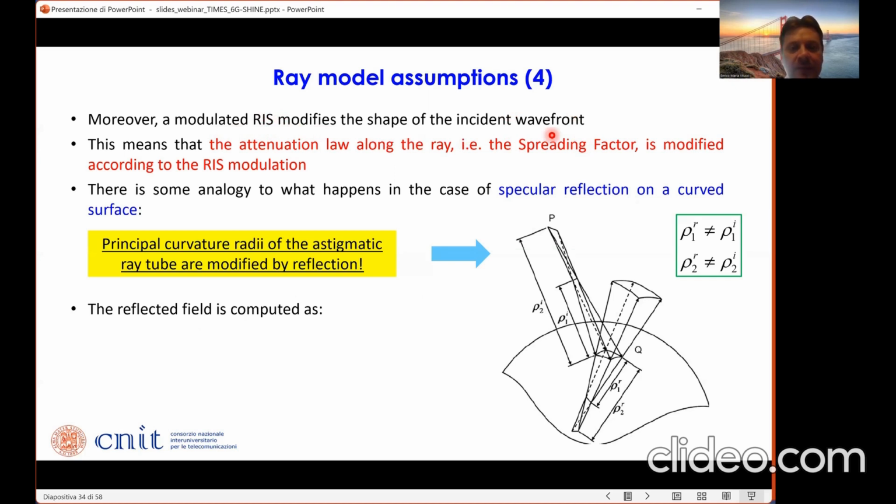So this means that we have a different attenuation law along the ray after the radiation by the RIS. And we need to know the proper spreading factor to be applied to each of the radiated rays.